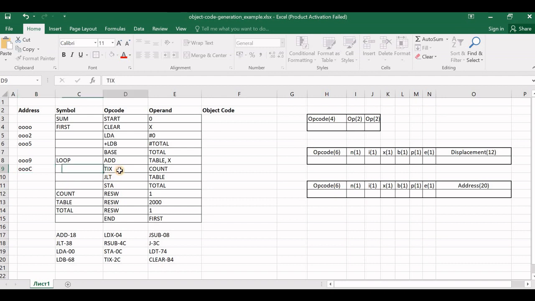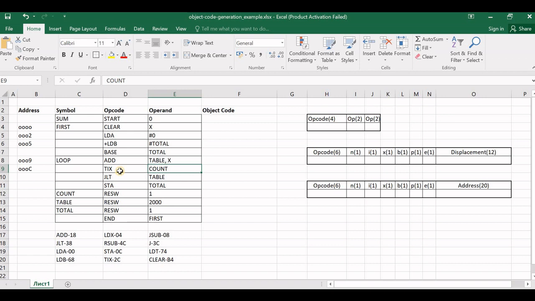Now coming to the next instruction, check which format this instruction is in. It is not in format 1. It is not in format 2 because you have an operand but that operand is not a register. Check if this instruction is in format 4. No, because this instruction is not beginning with the plus symbol.